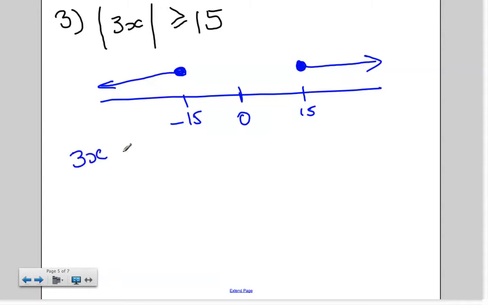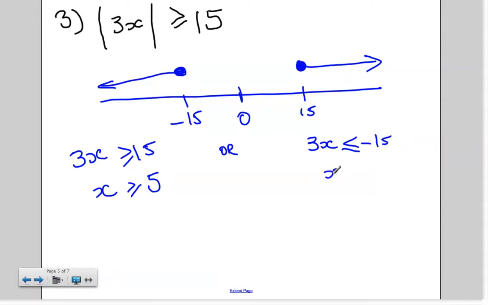It could be that 3x is greater than or equal to 15, in which case divide both sides by 3, x is greater than or equal to 5, or it could be that the original number was actually less than or equal to minus 15.